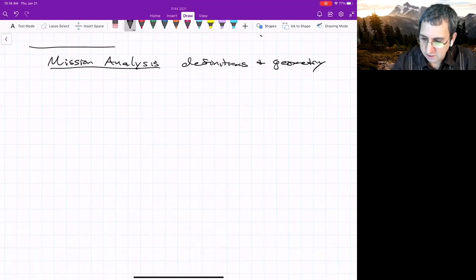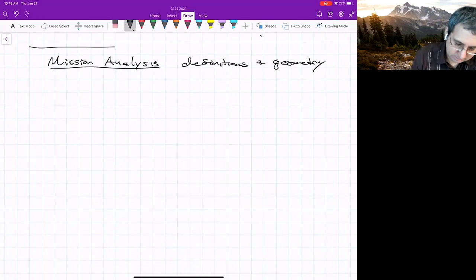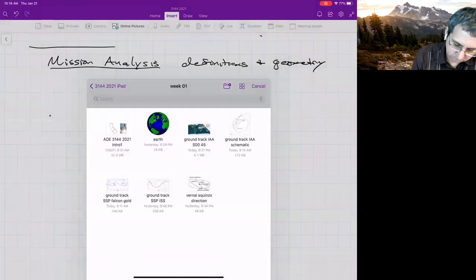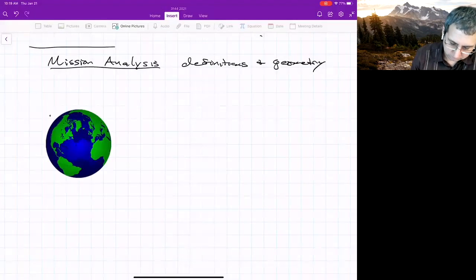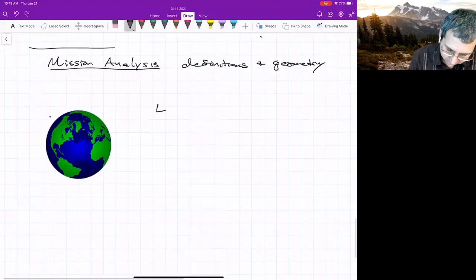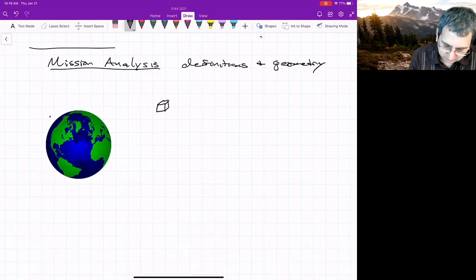So I'll bring up my handy dandy Earth again. There's the Earth. Here is a spacecraft. And here's the center of the Earth.